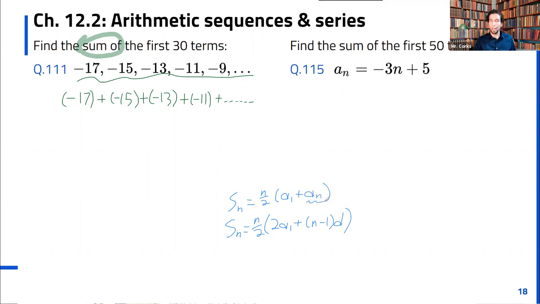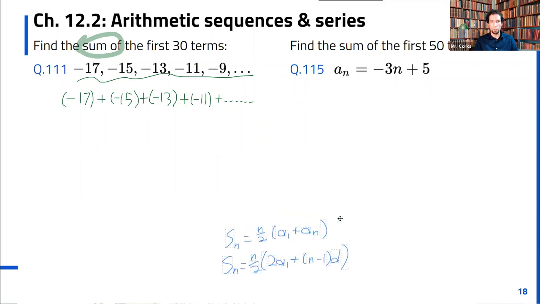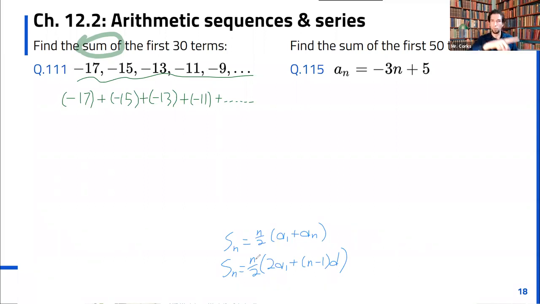If we take the an term and use our general term formula and expand that, then we will get exactly what we have in the first version, but they are saying the same thing. In today's class or yesterday's class, depending on your section, I talked about the rationale and the logic behind the formula. I won't repeat that here. It's not too complicated, but there is a very good reason for this formula.